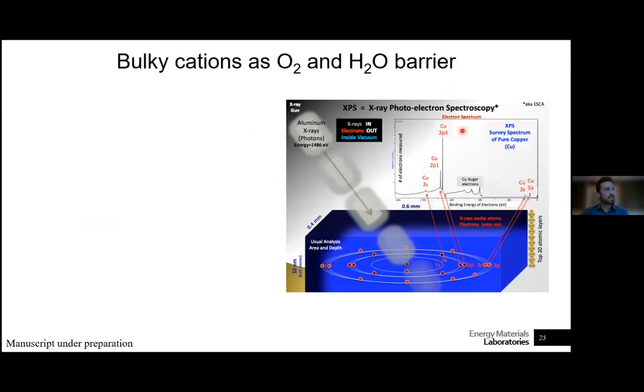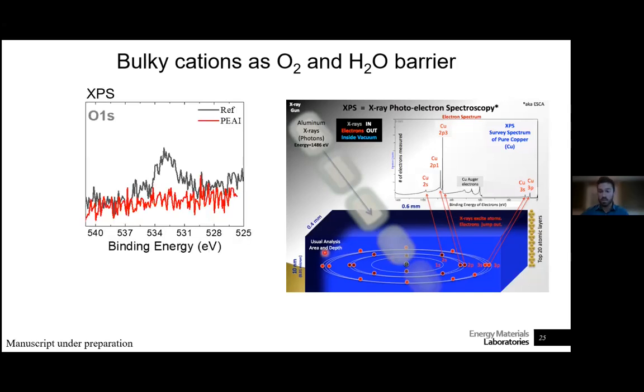We can use another surface-sensitive technique, which is X-ray photoelectron spectroscopy. We still use X-rays to excite the surface of our samples. X-rays remove electrons from the core shells of atoms at the surface, and by measuring the kinetic energy of these electrons, we're able to determine which elements are present at the surface and what their chemical bonds are.